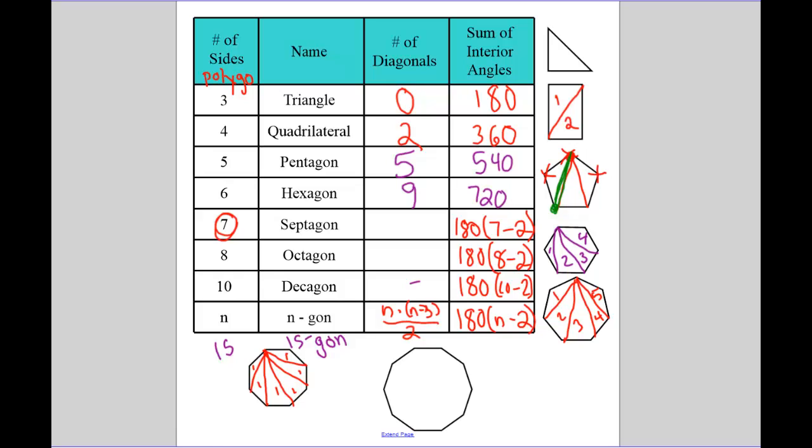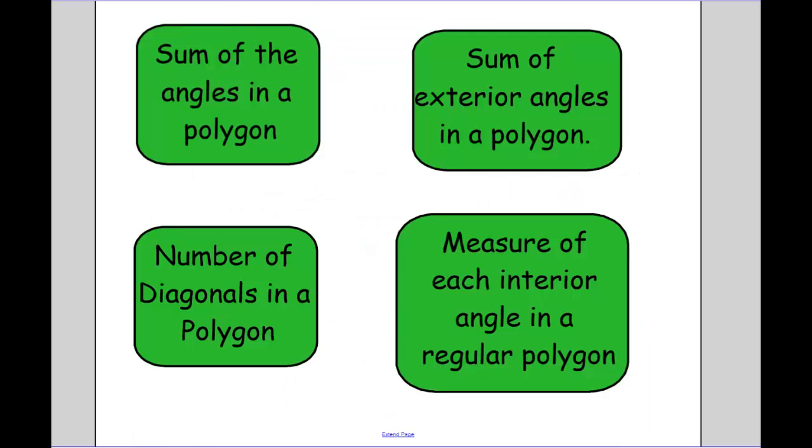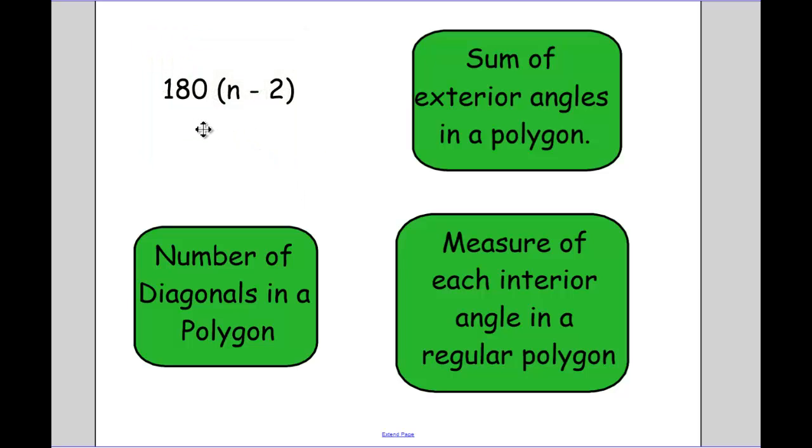Okay, so that's a lot of formulas. Let's go through those formulas. Please make sure you have these names in your notes, because they're going to disappear here in a minute once I click on them. So the sum of the angles of a polygon is going to be 180 times n minus 2, where n is the number of sides, not hashtag sides.